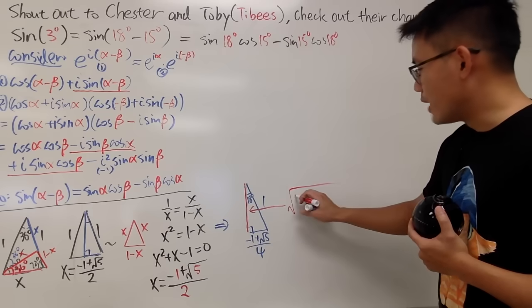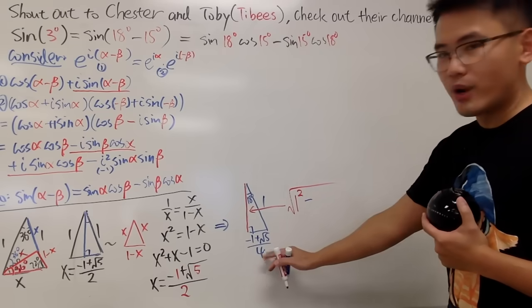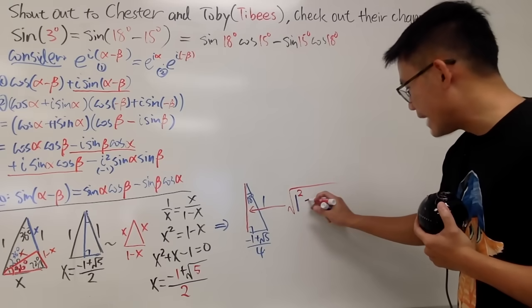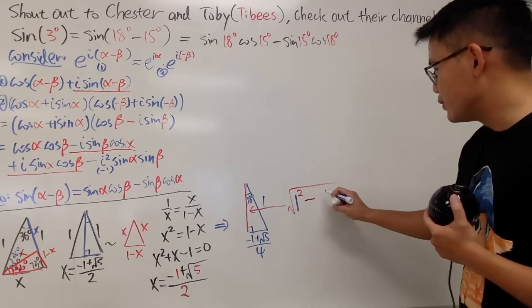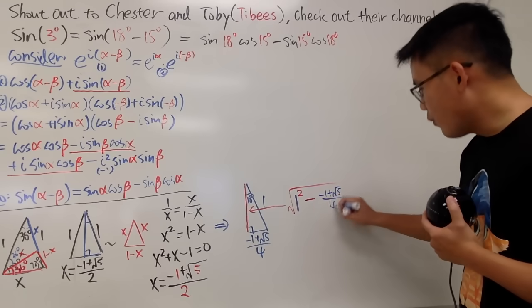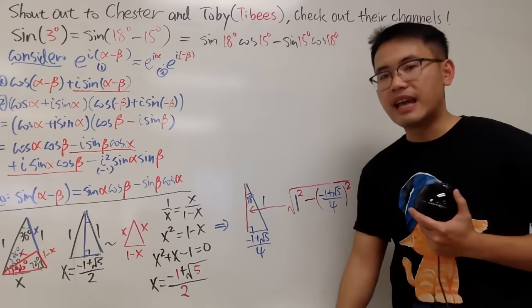Hypotenuse squared, which is 1 squared, right? 1 squared. And then minus this thing squared, right? So let's put it down like this. 1 squared minus this side squared, which is negative 1 plus square root of 5 over 4, and we are going to square that. This is going to give us that side.